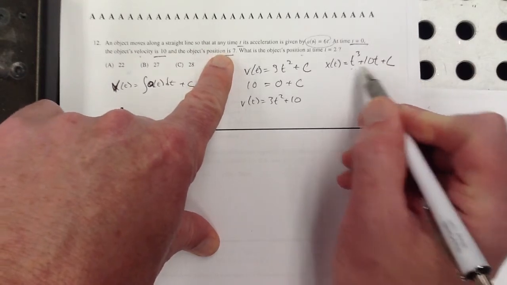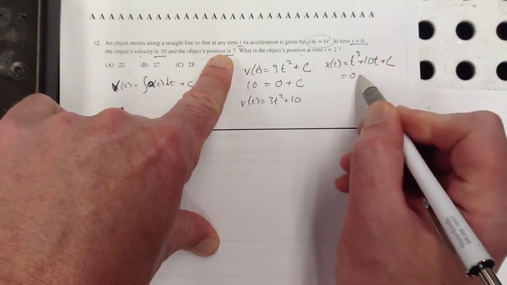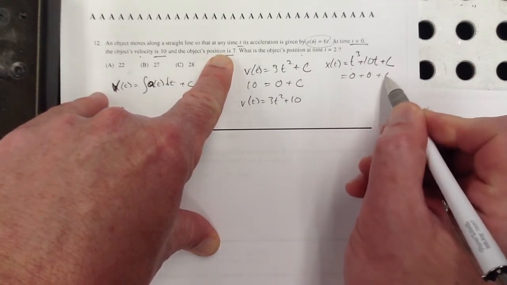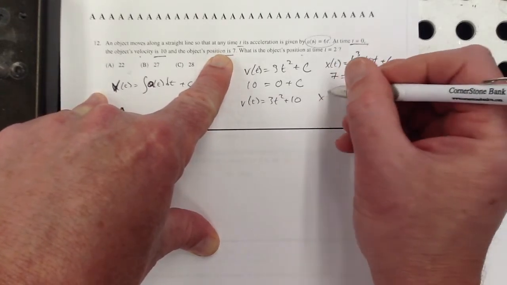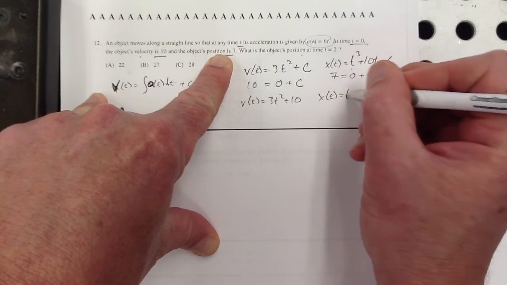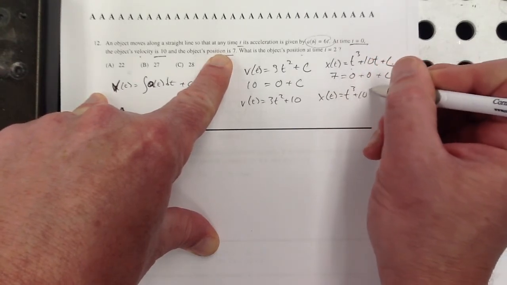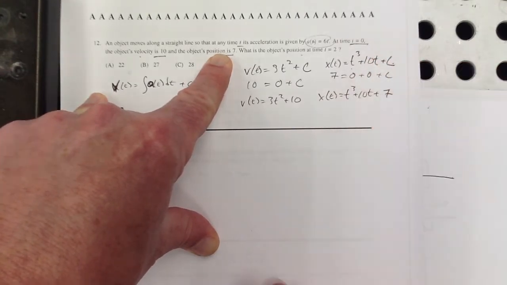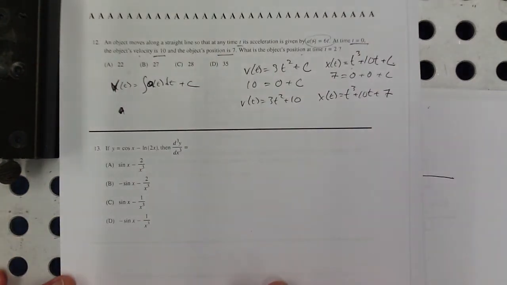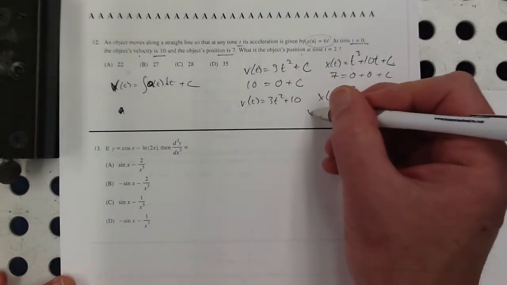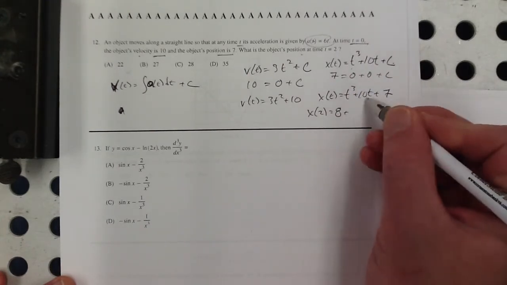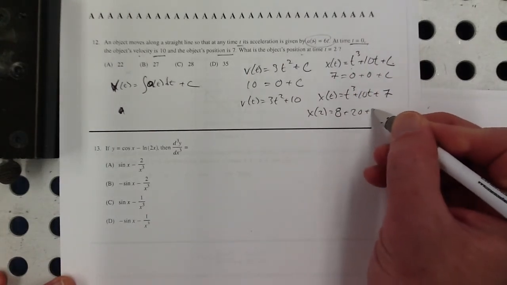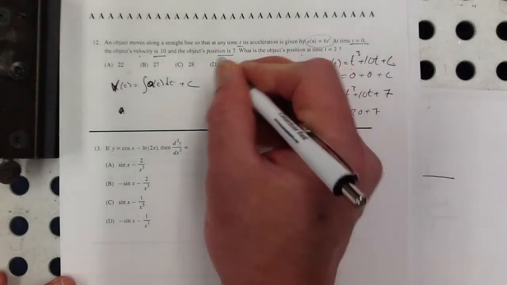So when I plug 0 in here, 0 plus 0 plus c, the position is 7. So that c is equal to 7. All right, and they want to know what's the position at time 2. That'd be 2 cubed plus 10 times 2 plus 7, which is 35.